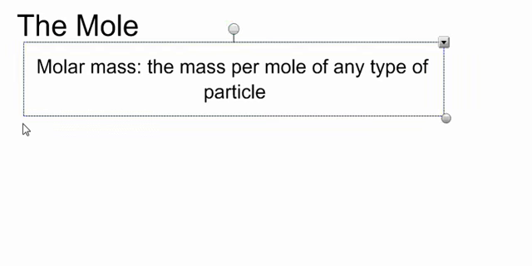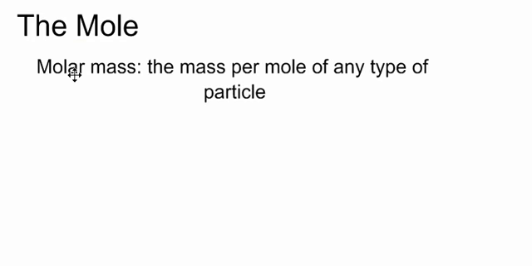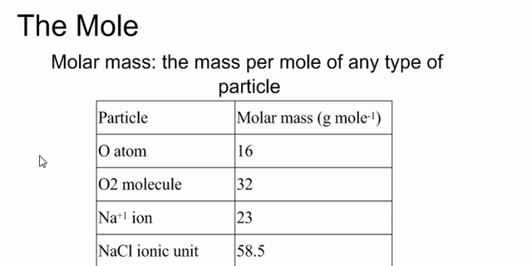So we have another more general term we can use, which is the molar mass. And that's the mass per mole of any type of particle. So we can use the term molar mass to describe the mass of an individual atom or molecule, ion, or an ionic compound.